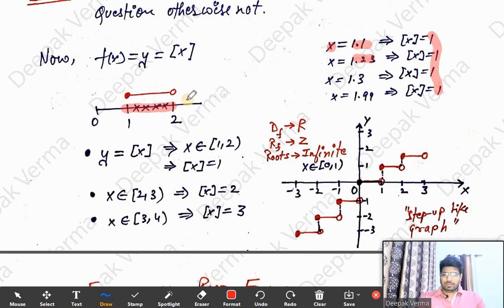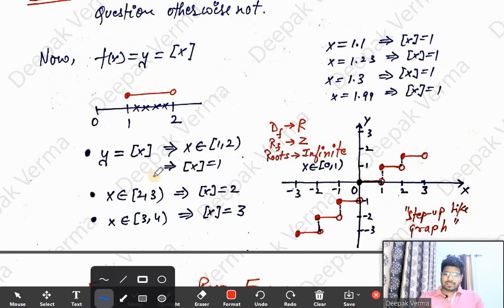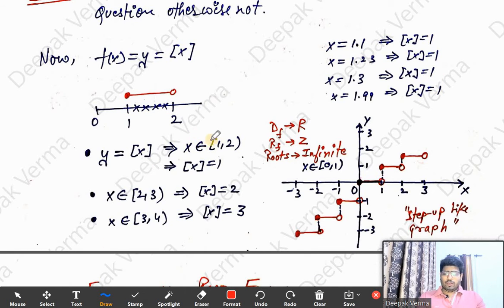I hope you are getting my point, what I am trying to say. So in the same way, similarly we can say, if we take any value between 2 and 3, if x is between 2 and 3, the outcome is always 2. If x is between 3 and 4, the outcome is always 3. Got it?